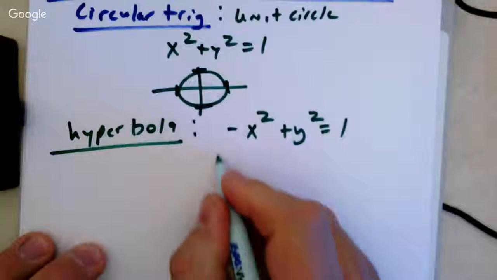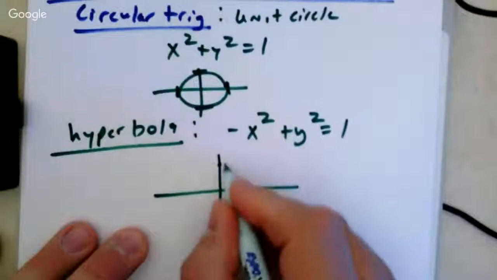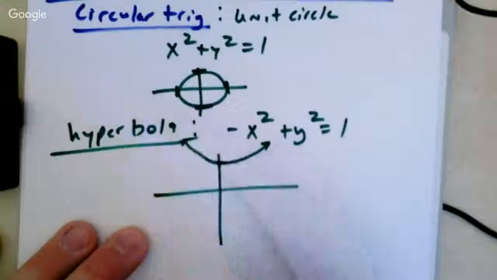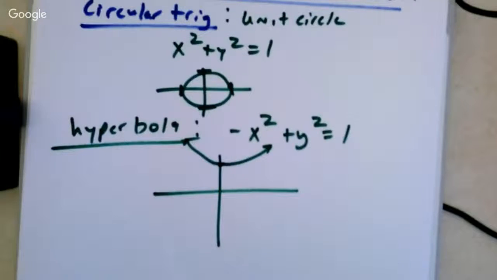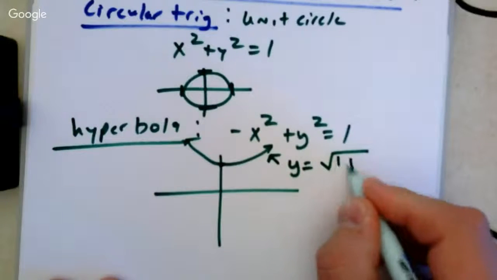Well, what's a hyperbola look like? So we would have that y is equal to the square root of 1 plus x squared.